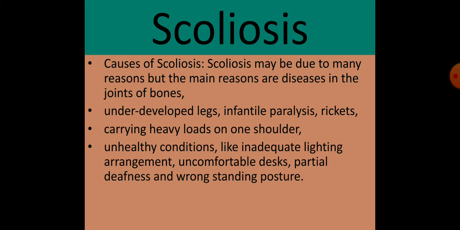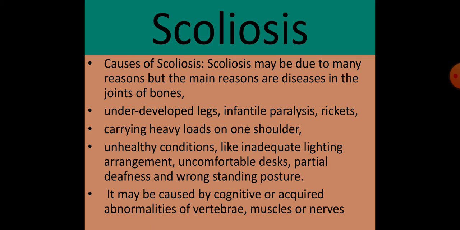It may be caused by congenital or acquired abnormalities of vertebra, muscles, or nerves. Congenital or acquired abnormalities, these are related with the autonomic nervous system, which is connected with the spine, that is the cervical region of the spine.